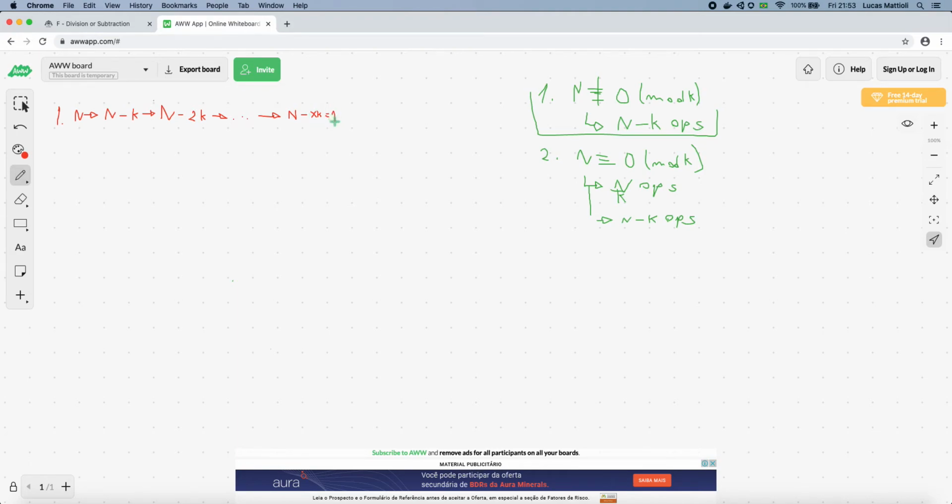We can think in the reverse way. So we start with 1, and then we go to 1 plus k, and then to 1 plus 2k, and so on. And after that, we need to arrive at n.